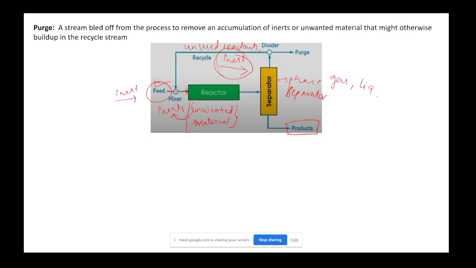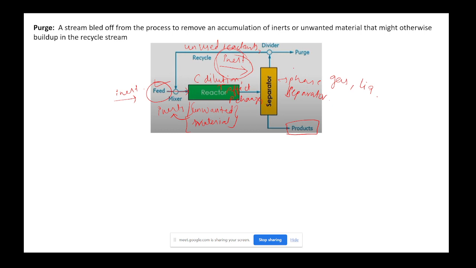It will change the process parameters. If I keep on adding the inert, there are chances that concentration dilution occurs, or a temperature effect is observed, or pressure changes. Since these values change, the operating condition changes and the actual equilibrium will shift, which is very undesirable.